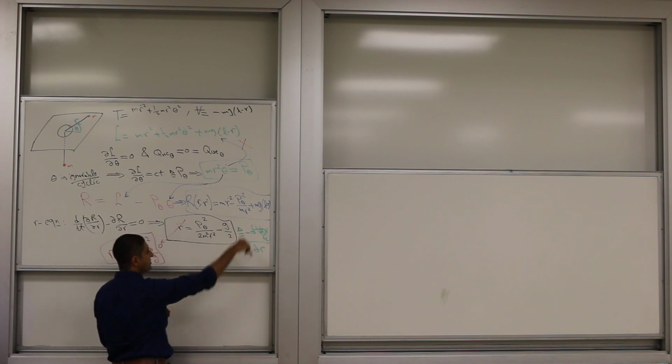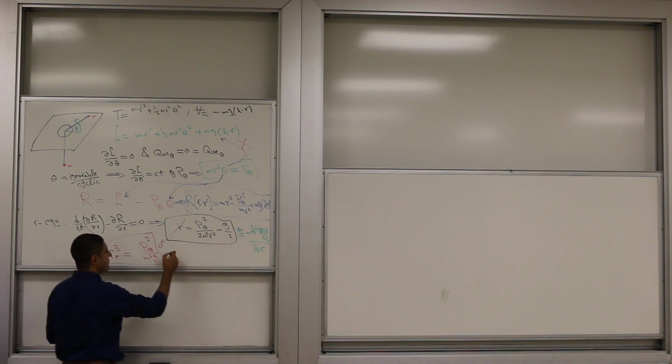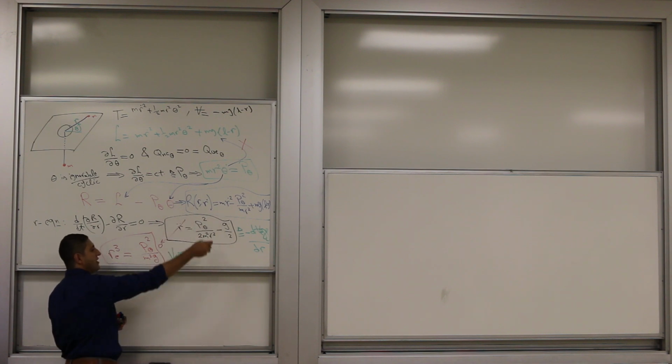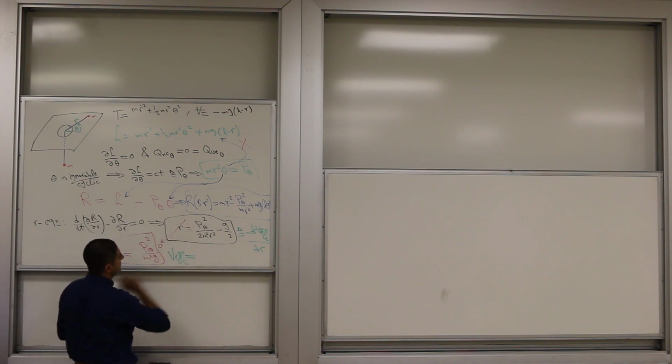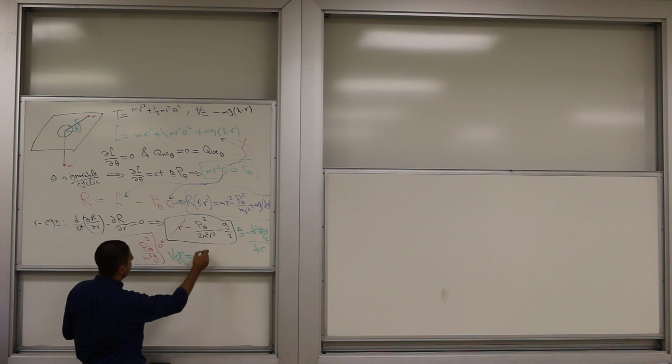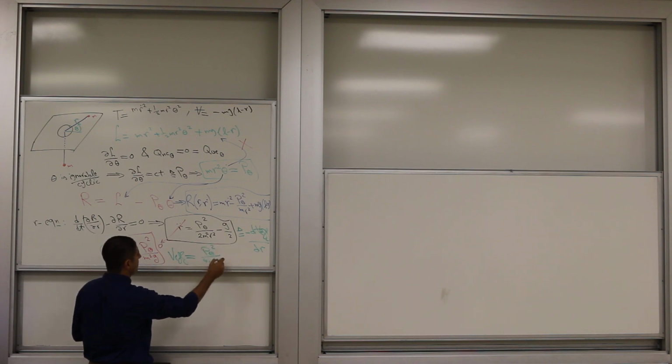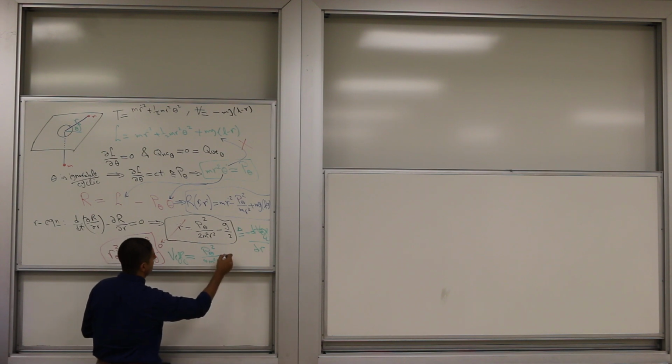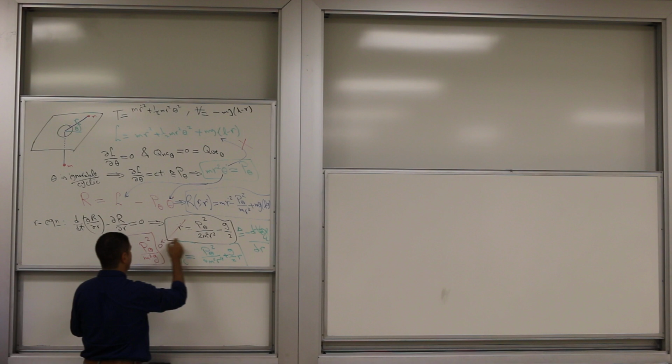So I will do this definition, which means you can get your V effective by integrating this right-hand side and putting a negative sign. This gives you P theta squared over 4 m squared R to the fourth plus G over 2R. This is your effective potential.